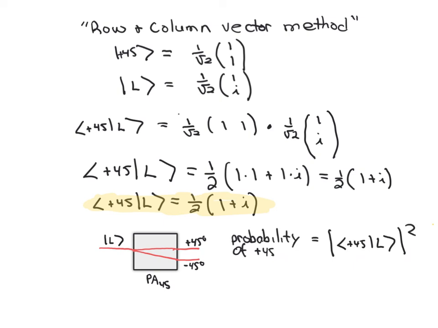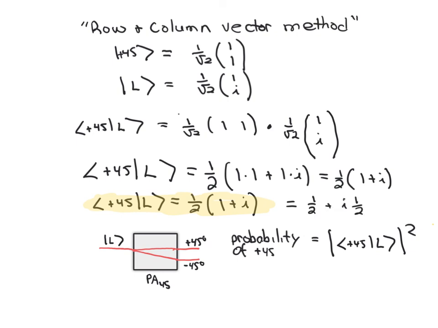And the rules of the quantum mechanics game are, the way we calculate that probability is to take the magnitude of the probability amplitude, the correct probability amplitude. We take the magnitude of that and square it to get the result. And remember, these probability amplitudes are in general complex numbers, so you have to remember how to take the magnitude of a complex number. Let's do that in this case.